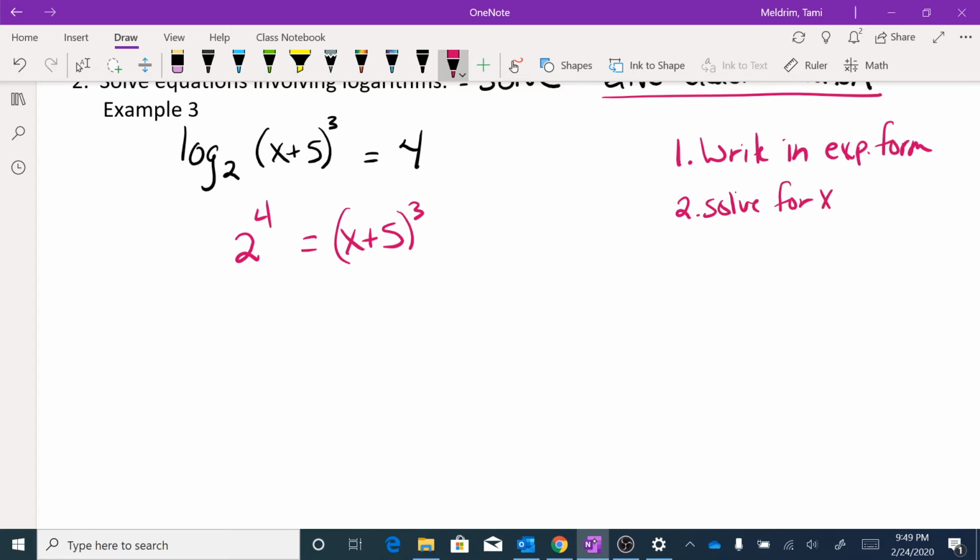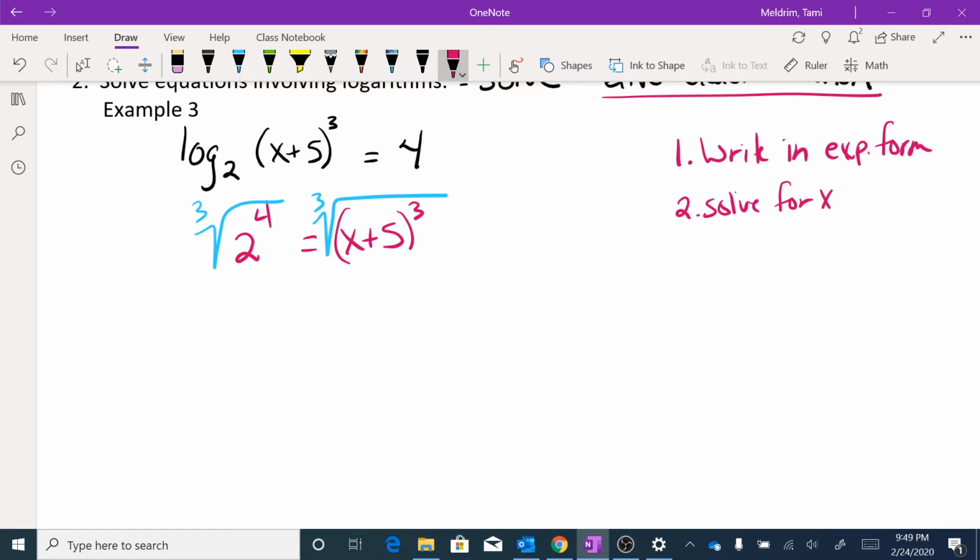Well, when I'm raising something to the 3rd power, I want just one x. If I'm raising it to the 3rd power, how can I get rid of that cubed? Remember, we would have to cube root it. So when I cube root the right hand side, I have to cube root the left hand side.